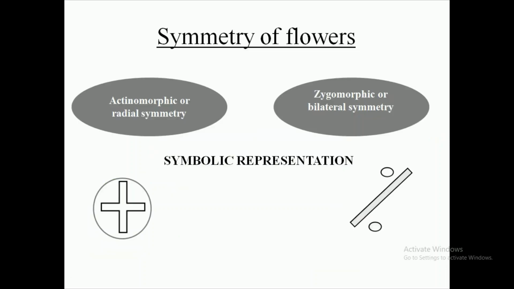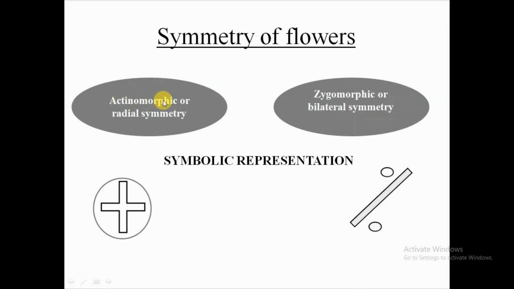Now let's discuss the symmetry of a flower. In flowers we can see radial symmetry as well as bilateral symmetry. We call radial symmetry actinomorphic, and bilateral symmetry zygomorphic.